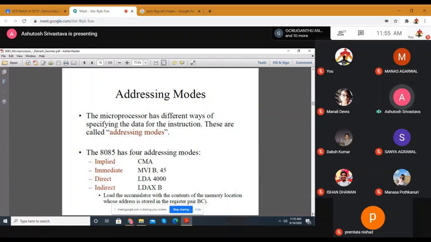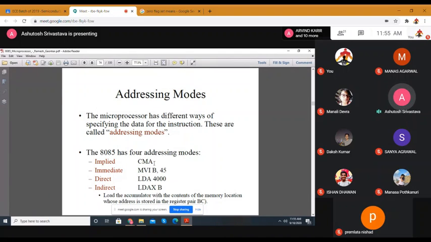So I think we now also introduce the various types of addressing modes that you may be using in your 8085 microprocessor. So what does that mean? Different types of addressing modes basically means the different ways of specifying the data for your instructions. This we have already talked about.